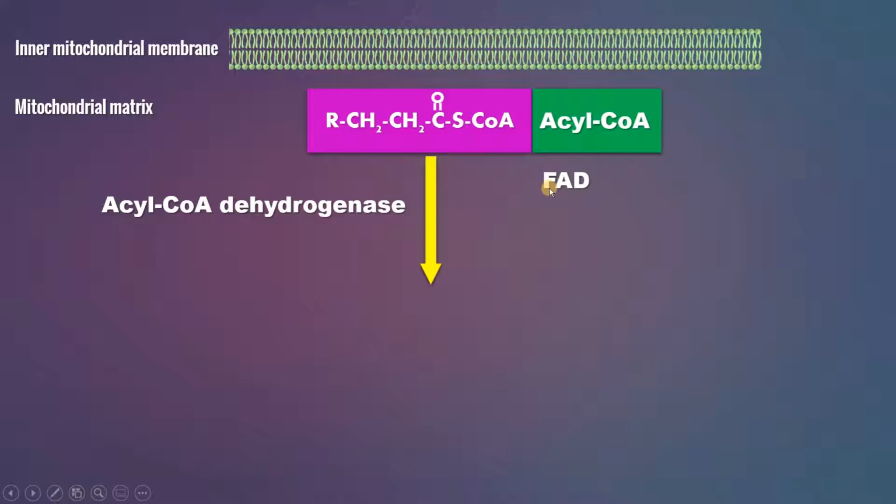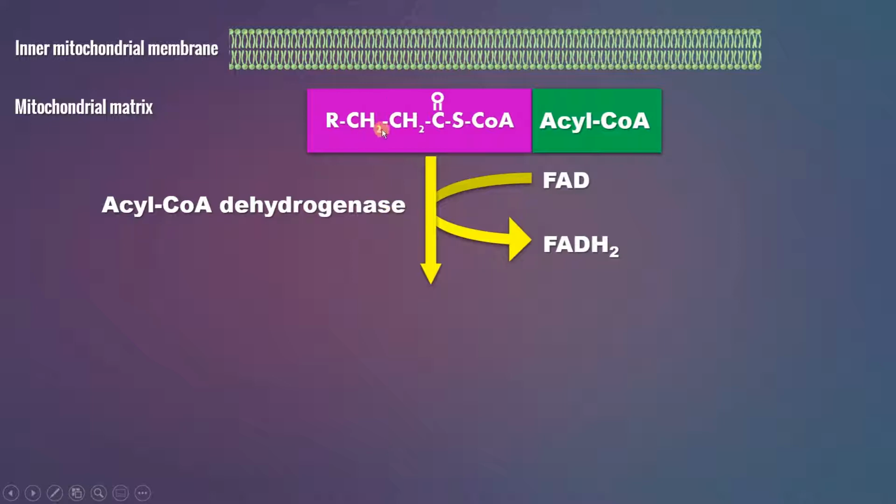It will accept two hydrogen atoms from this fatty acid, from the second carbon atom and third carbon atom, or alpha and beta carbon atom. In turn, this FAD undergoes reduction, or it will reduce to FADH2, catalyzed by acyl-CoA dehydrogenase.